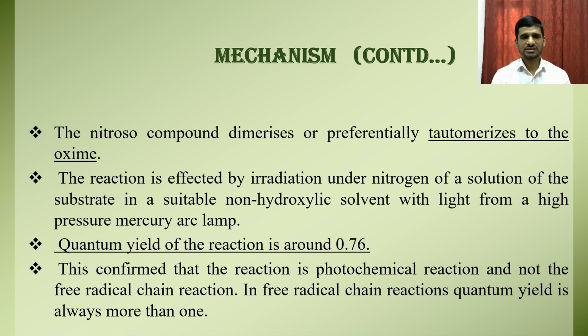It is similar to keto-enol tautomerism. You must have studied keto-enol tautomerism in various classes. So just like that, the nitroso compound can undergo dimerization or it can undergo tautomerization to form an oxime. So Barton reaction is an important tool to obtain oxime intermediates in several organic reactions.